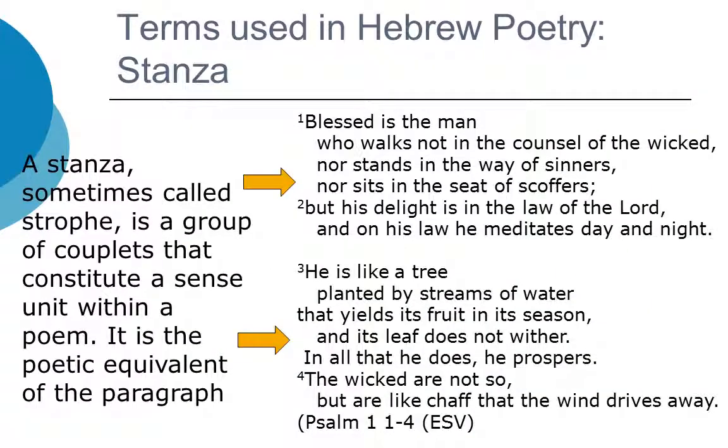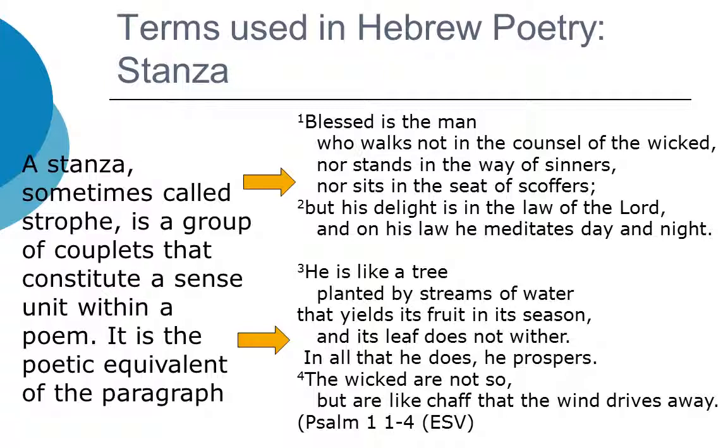The equivalent of a paragraph in poetry is known as a stanza, and sometimes a strophe. This is a group of couplets that constitute a sense unit within the poem. As I said, it's the poetic equivalent of a paragraph, where you get a group of sentences that relate together to make up a particular idea.